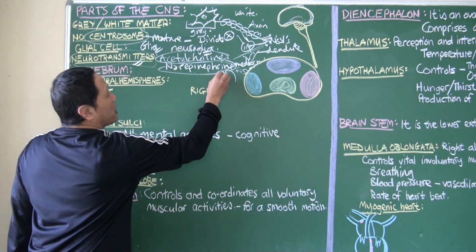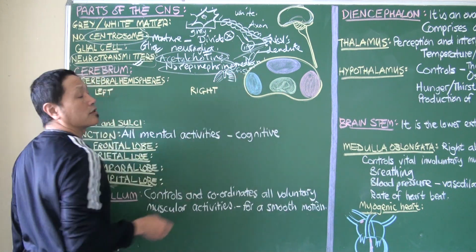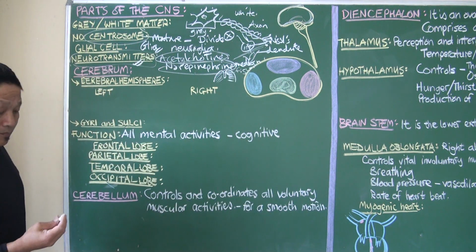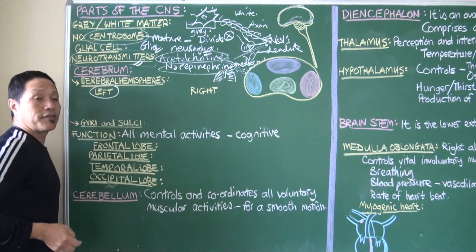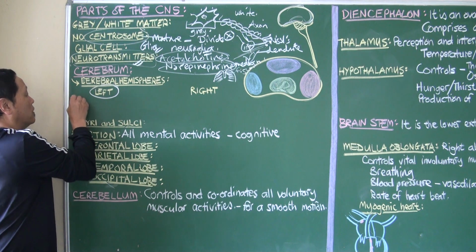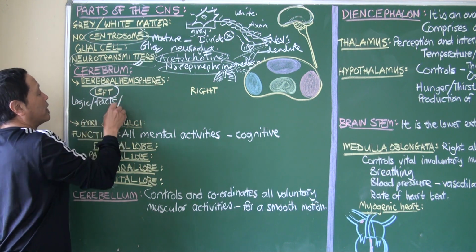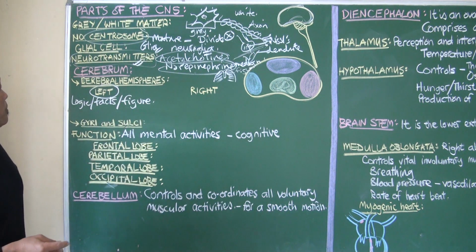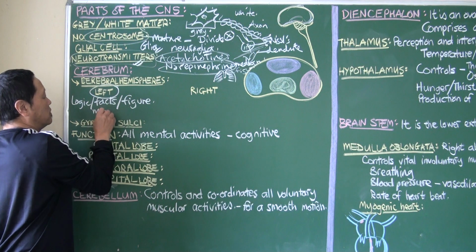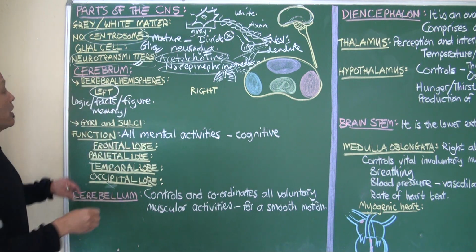The left part of the brain and the right part of the brain control different things. Here, the left is more logic based. All calculations, facts and figures, memory, calculations, everything is done by the left hand side.